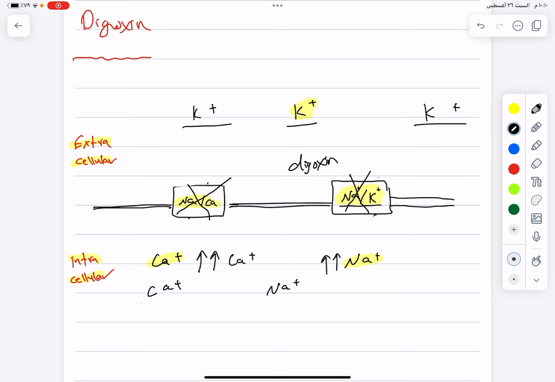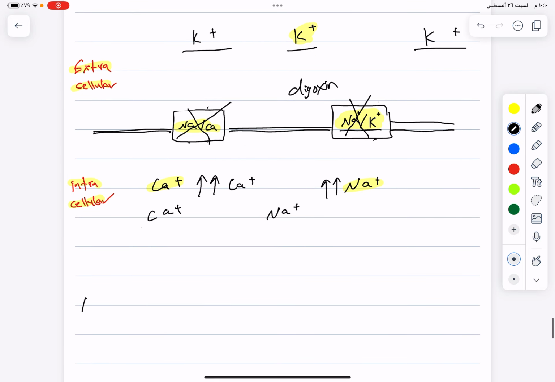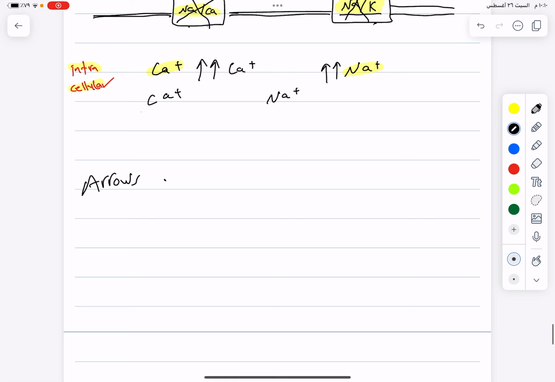So the net effect, or the arrows, in a patient on digoxin is increased sodium and calcium intracellular and decreased intracellular potassium.